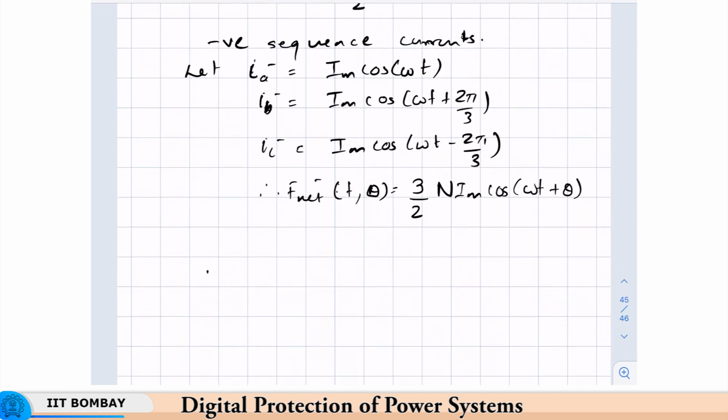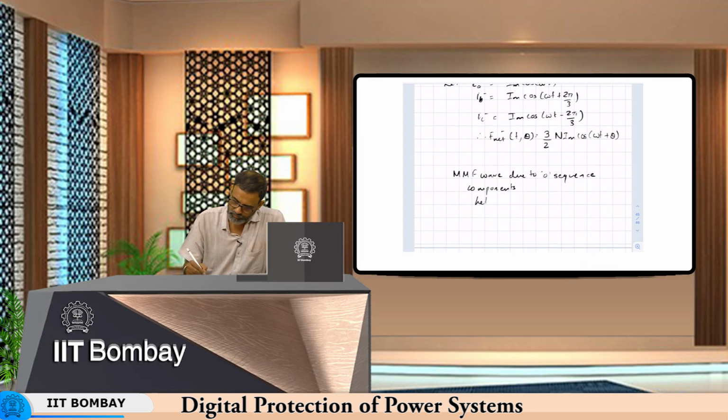Okay. And the last will be the MMF wave due to zero sequence components. Okay. So, here since they are all the same, IA0 is equal to IB0 is equal to IC0 is equal to Im cos of omega t.